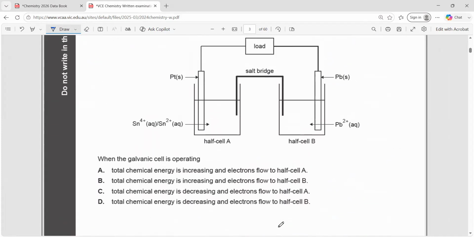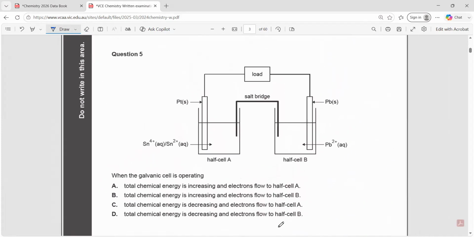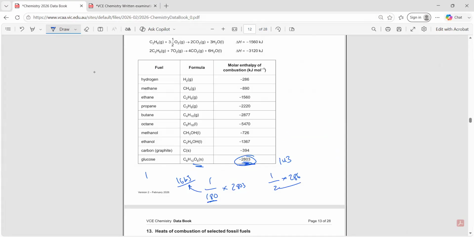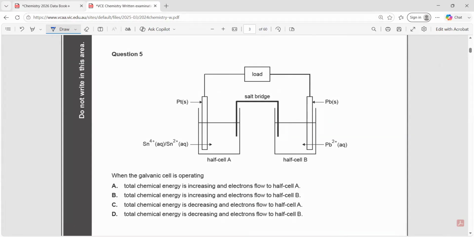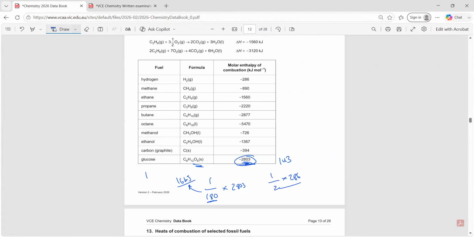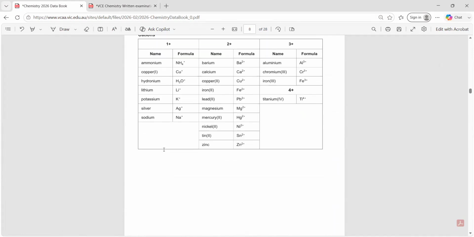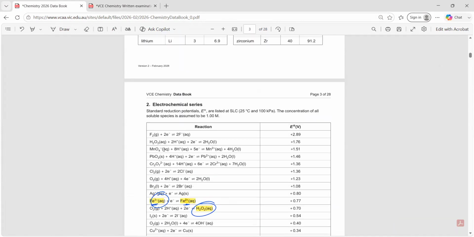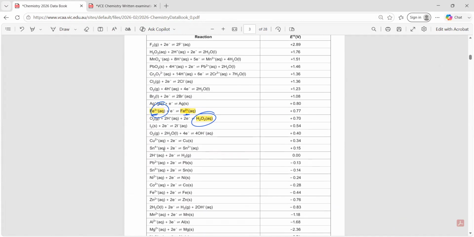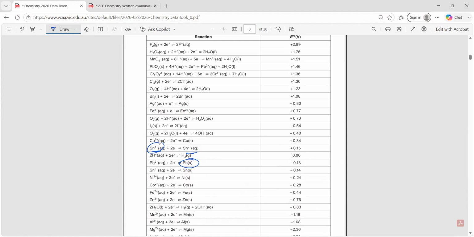Cool. When the galvanic cell is operating, the total chemical energy is increasing. So here, if you guys can see, Sn2 plus, so here, and then here.